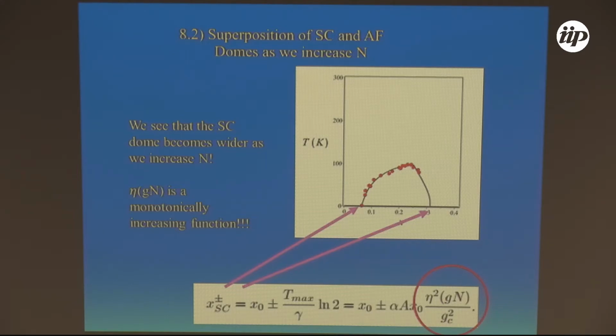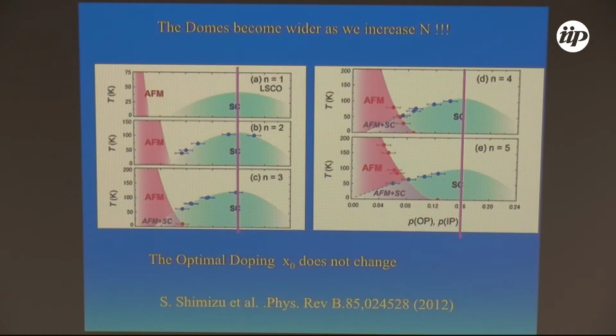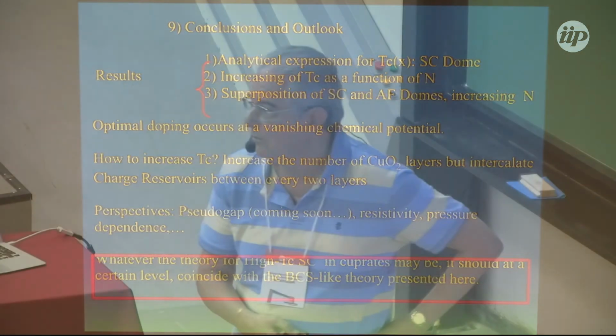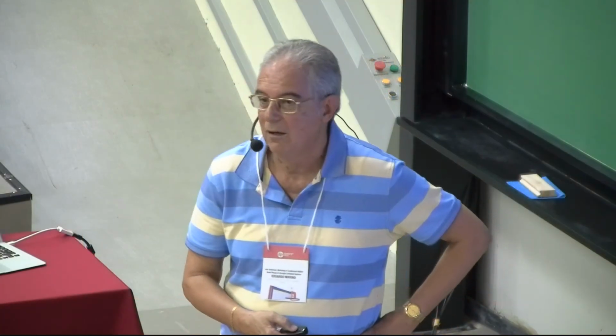So these are basically our results. In conclusion, we have obtained an analytic expression for Tc of x for the superconducting dome, which is excellent in comparison to the single-layered cuprates. For the multi-layered cuprates, we will have the same problem here because we are not going to dope homogeneously.